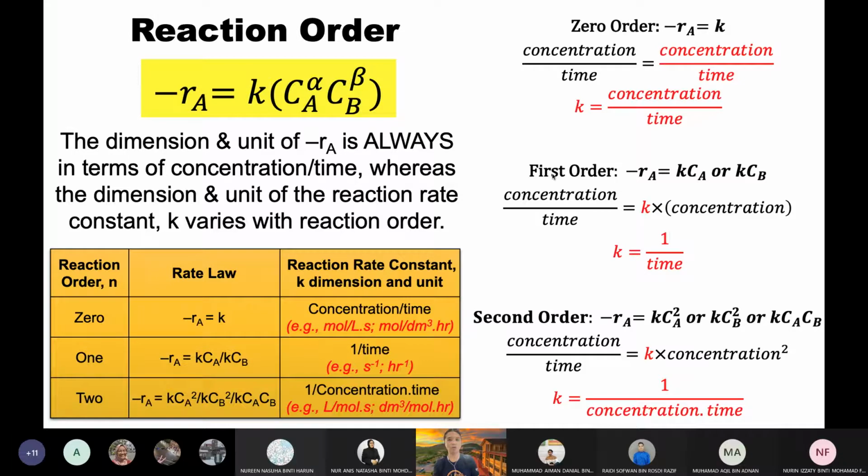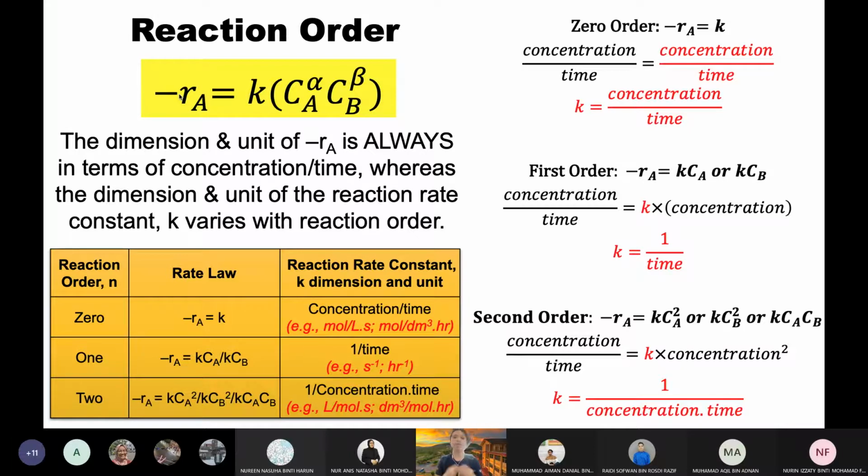Okay, so kenapa dia boleh berubah is because, okay, we know rate law mesti minus RA equals to K, katakan CA alpha, CB beta. Okay, the dimension of the minus RA will always be the same. Maksudnya minus RA dimension dia adalah concentration per time.